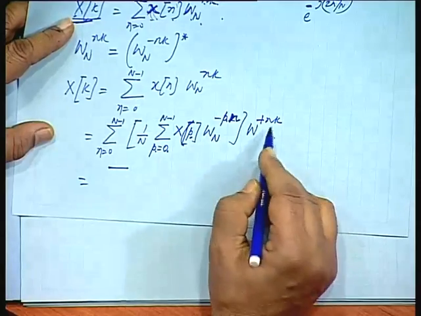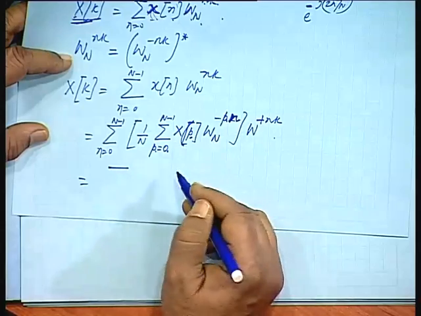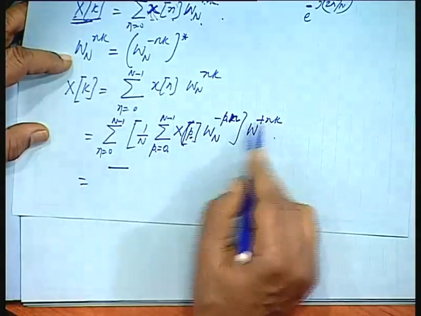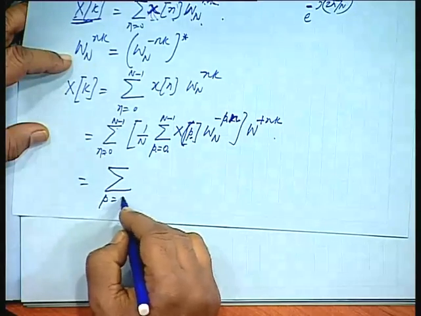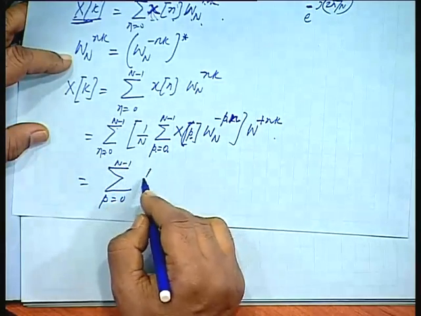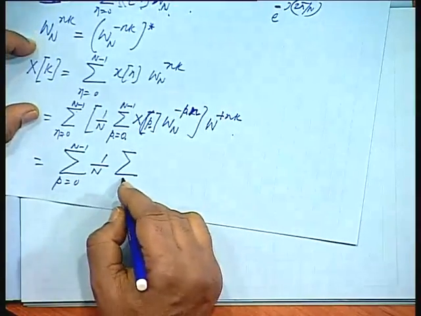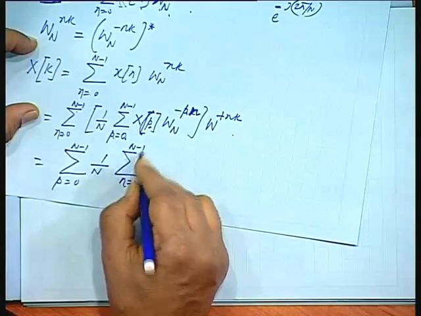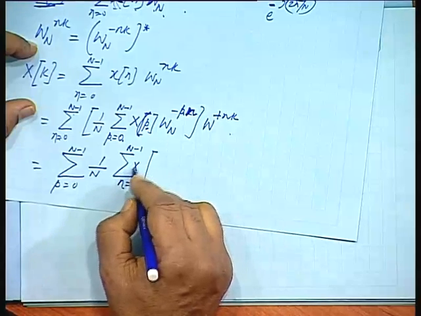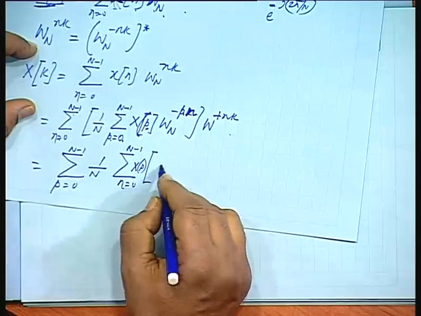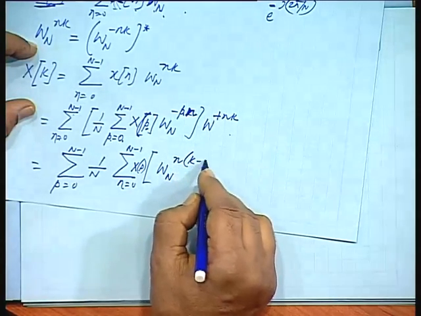K is not a running variable; k is a particular value you are evaluating, and over this again I have a running variable n. I can interchange p and n, summation n equal to 0 to N minus 1. I can put X[p] outside, W_N to the power n times (k minus p).